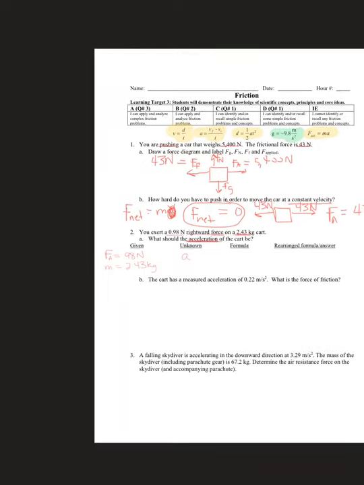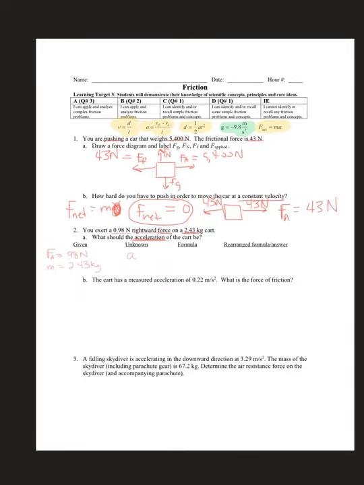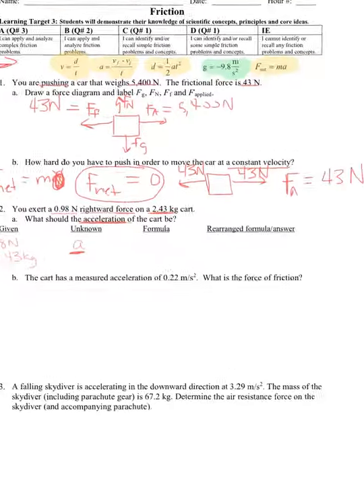Now, not to do some Dora the Explorer type of stuff, but if I'm given a force, I'm given a mass, and I'm looking for an acceleration, which of these equations up here at the top would I use? It would have to be an equation that has an F, an M, and an A. And if you chose F net equals MA, you would be right.